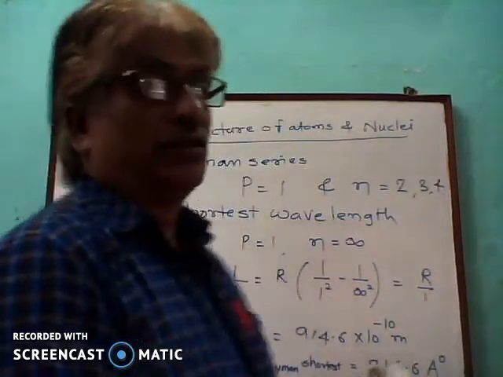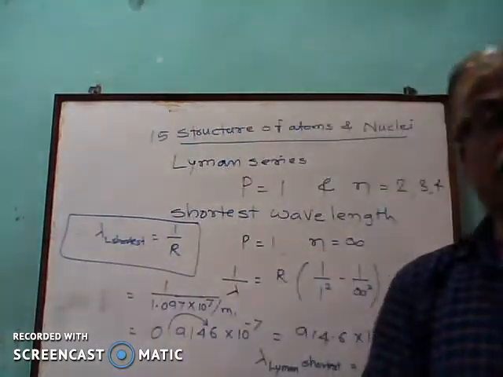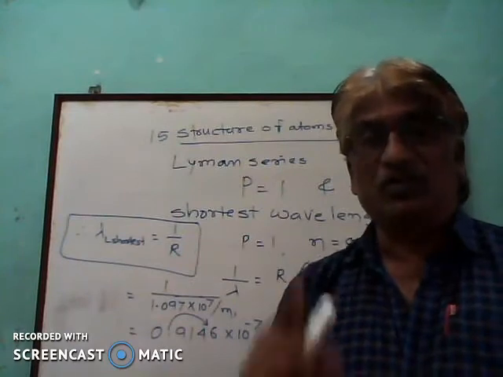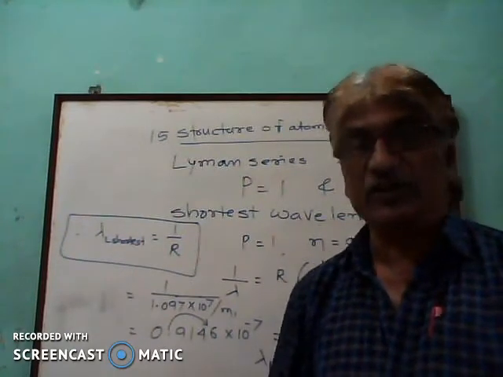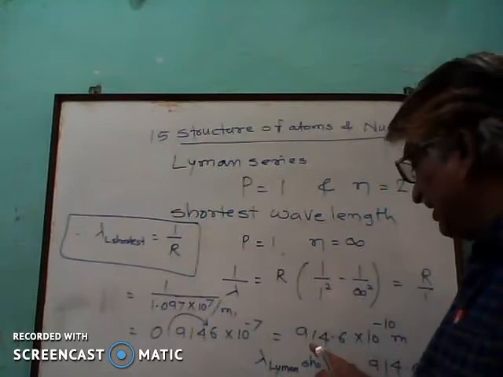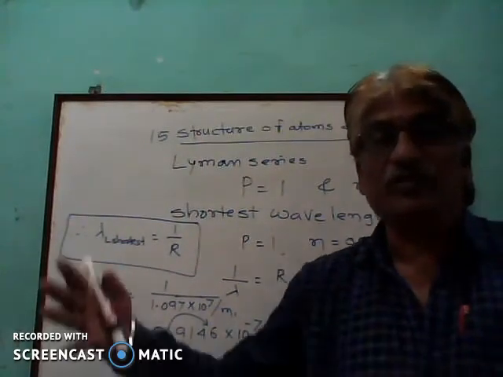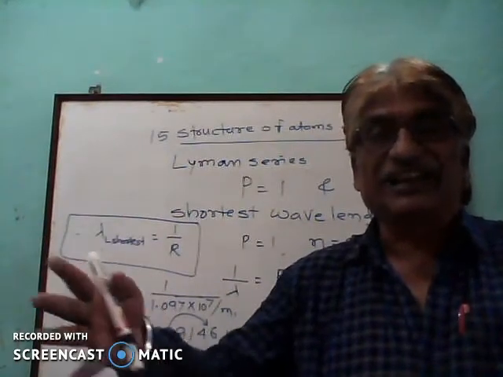Means the lines or the transitions of lines are from 1220 angstrom unit to 914.6 angstrom unit. Between these, the lines are there.